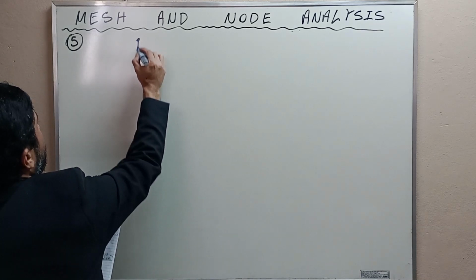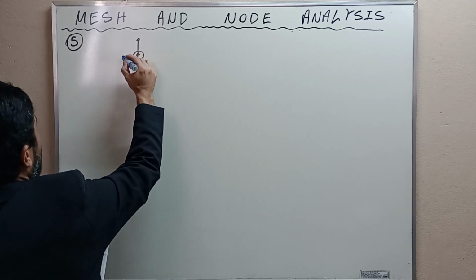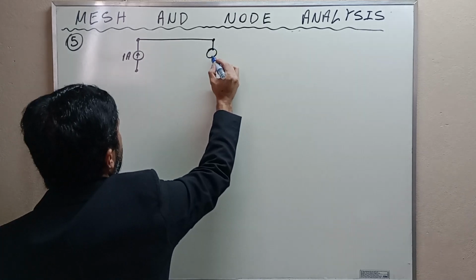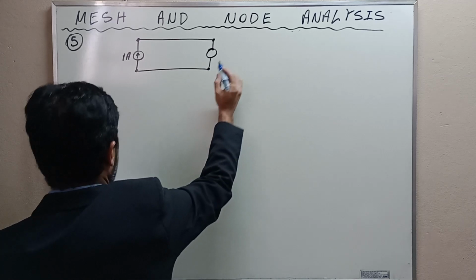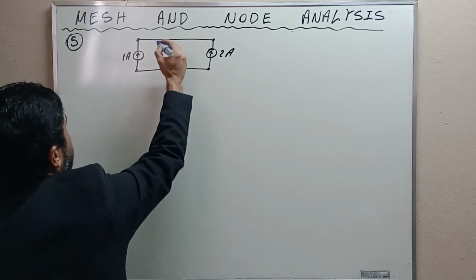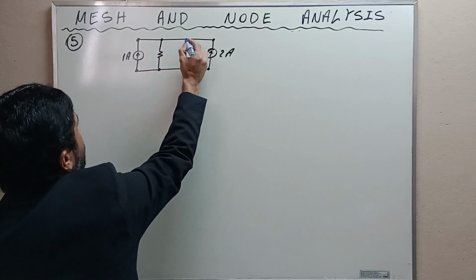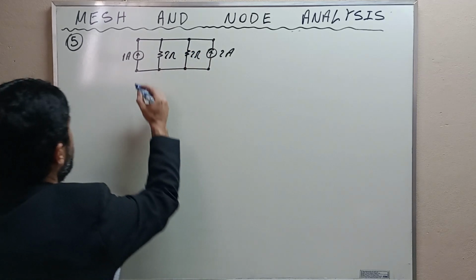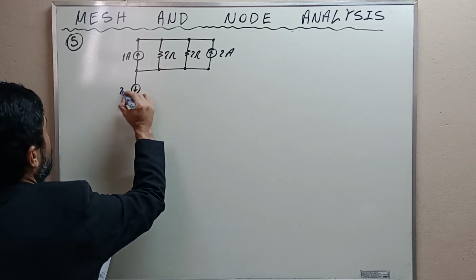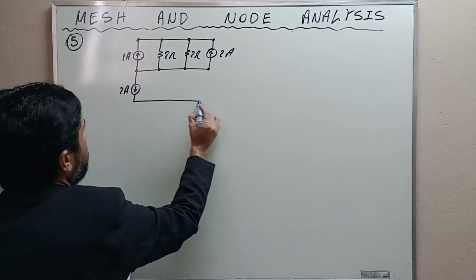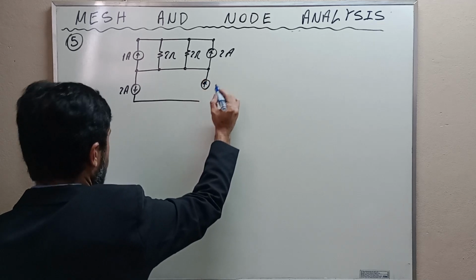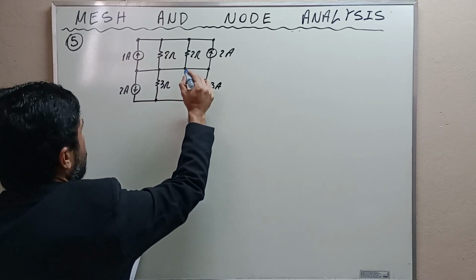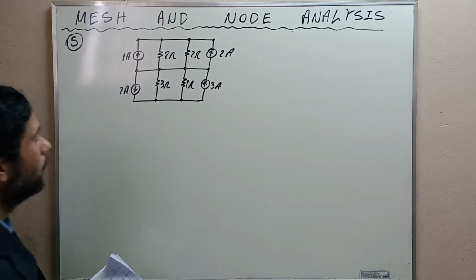There will be here 1 amp, and here 2 amps, two ohms, here 2 amps, 3 amps, 3 ohms, 1 ohm.